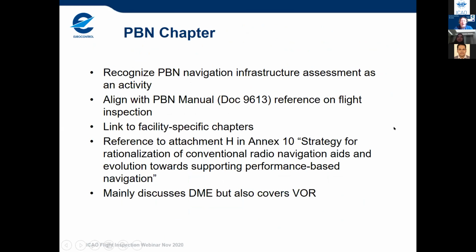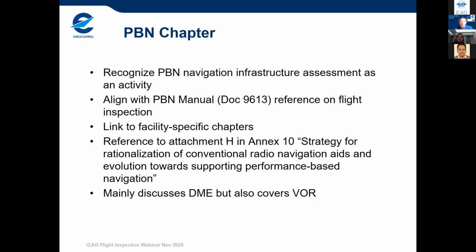The PBN chapter then finally recognizes that there's a need for infrastructure assessment. So performance-based navigation is not meant to be all that sensor specific, but at the end of the day, you still need to say which sensors are good, and you still, as an air navigation service provider, need to say which sensors qualify.